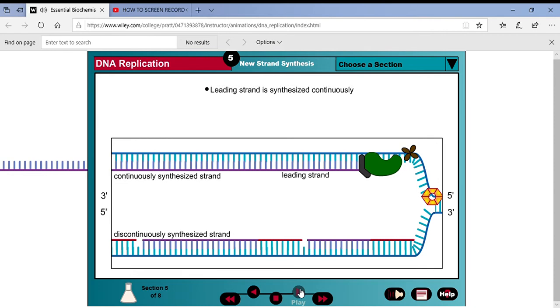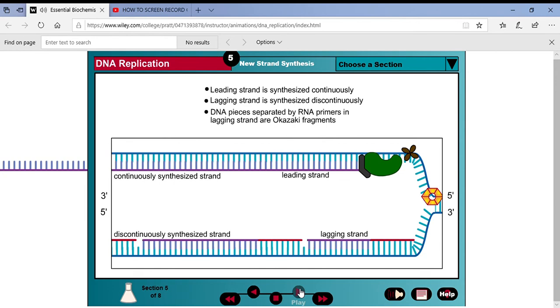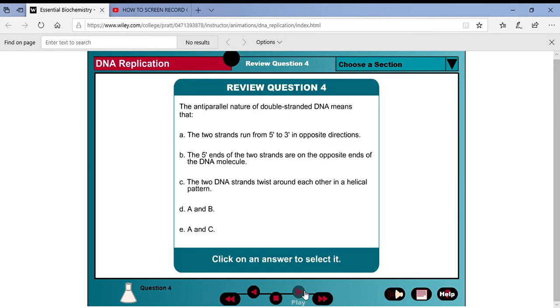The leading strand can be made faster. The lagging strand is made in a series of chunks. Because the DNA polymerase can only read in one direction, on this strand it's making DNA in the opposite direction from the way the fork is opening.